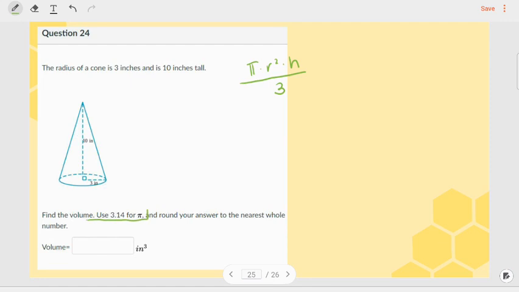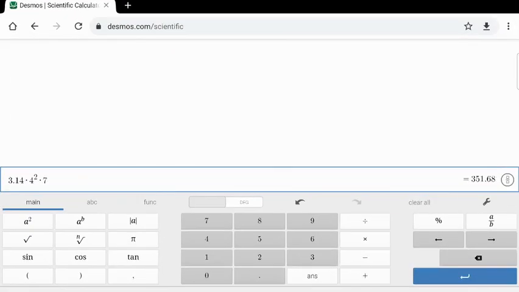Find the volume. Use 3.14 for pi. 3.14 times my radius of my cone, halfway across the circle, is 3 squared times my height, which is 10, divided by 3. So I go to my calculator. Now be careful on this one.